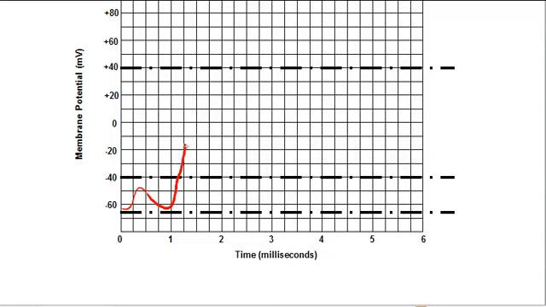Once it reaches its threshold potential, it's going to go all the way up to the maximum and then come back down, all the way back down, undershoot the resting potential before it returns back to the resting potential. Then again, it could have little blips going along here until it repeats the procedure.